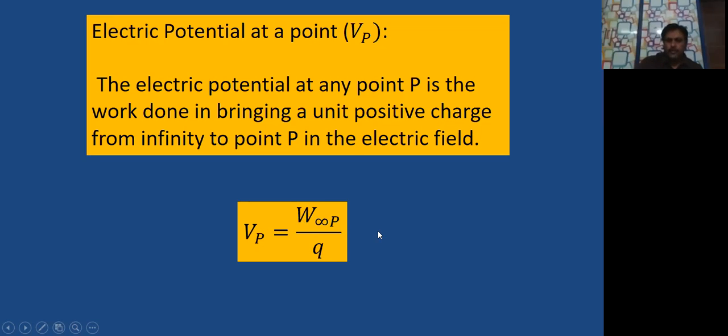But if I am trying to derive a formula for the electric field potential in terms of the distance, then how should I do it? That is my question. So let us try to learn that.